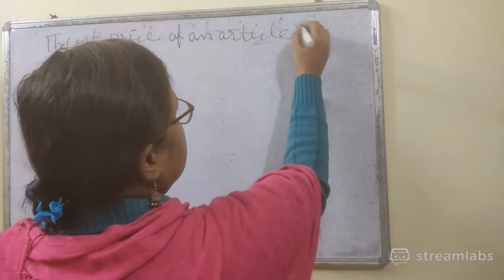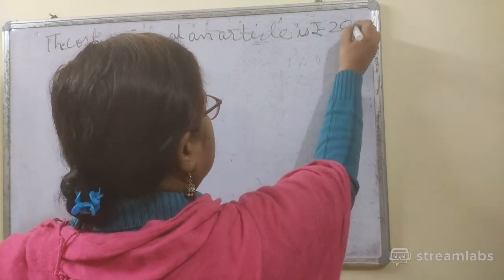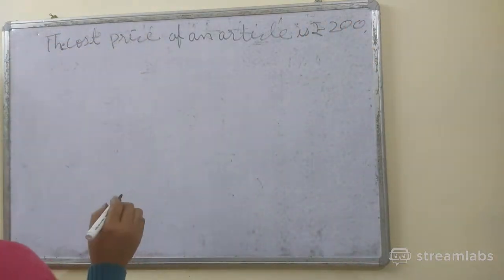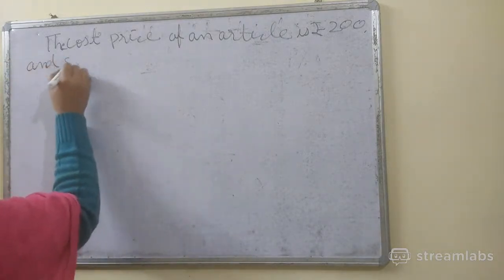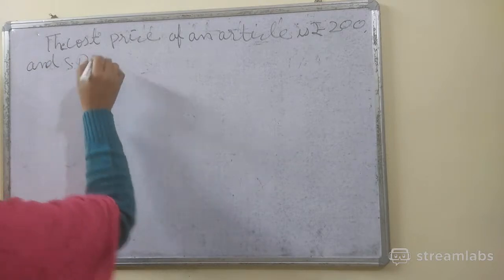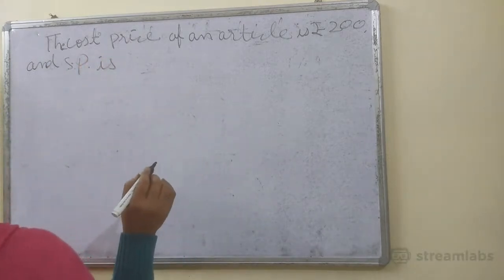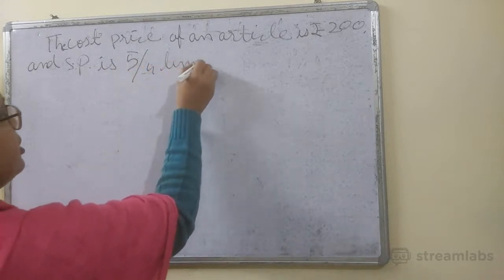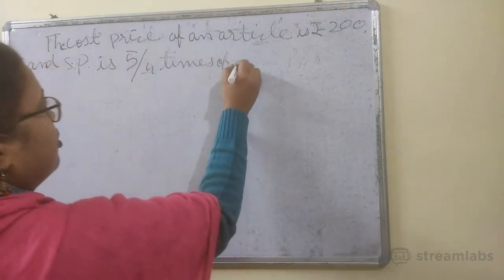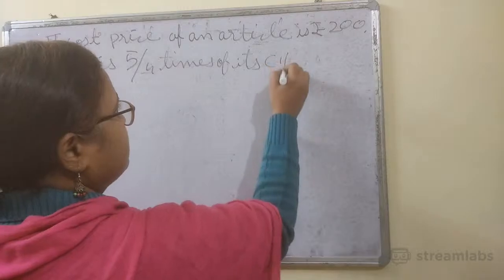Of an article is rupees 200. Okay, and selling price, SP, is what? SP is 5 by 4 times of its cost price. 5 by 4 times of its CP.